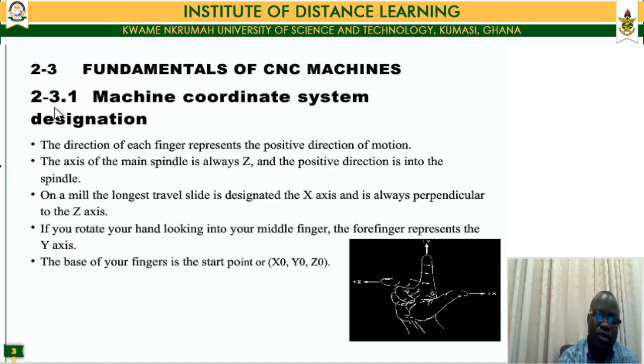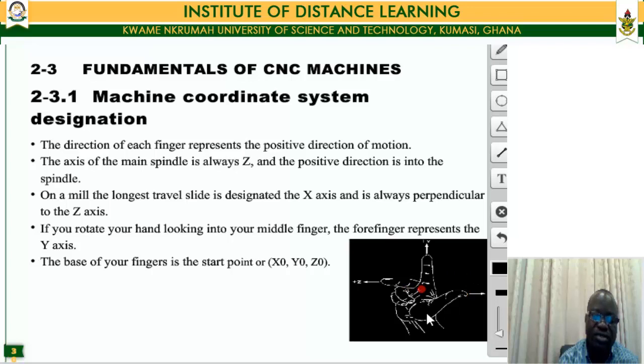If you look at this right hand designation here, the middle finger is pointing towards the spindle axis, and the thumb, because we are drawing on a two-dimensional plane, is supposed to be facing us directly.